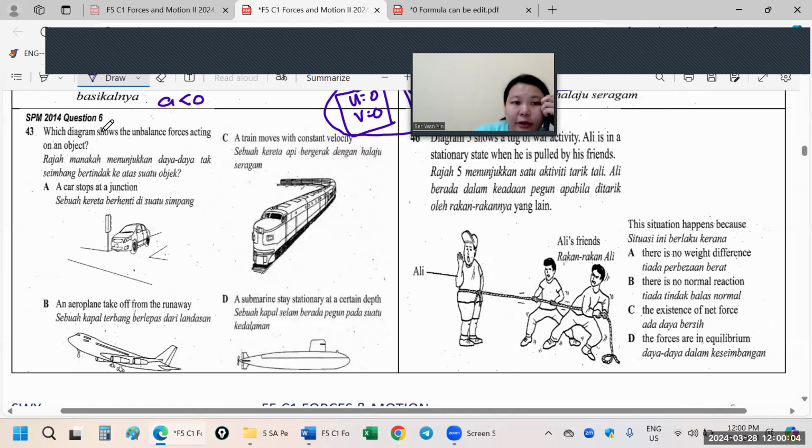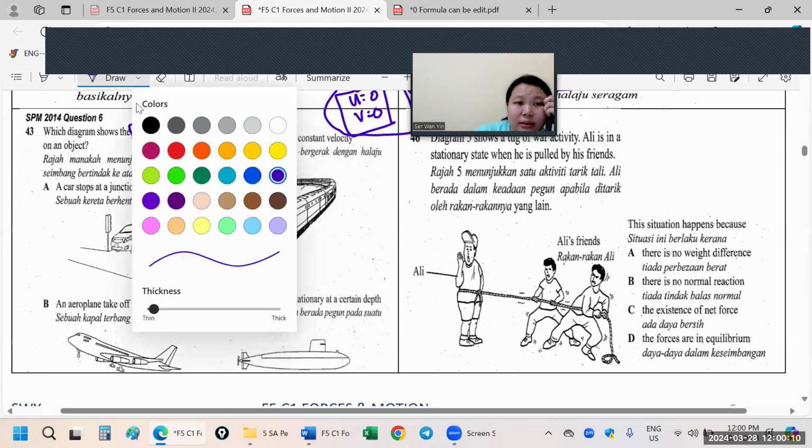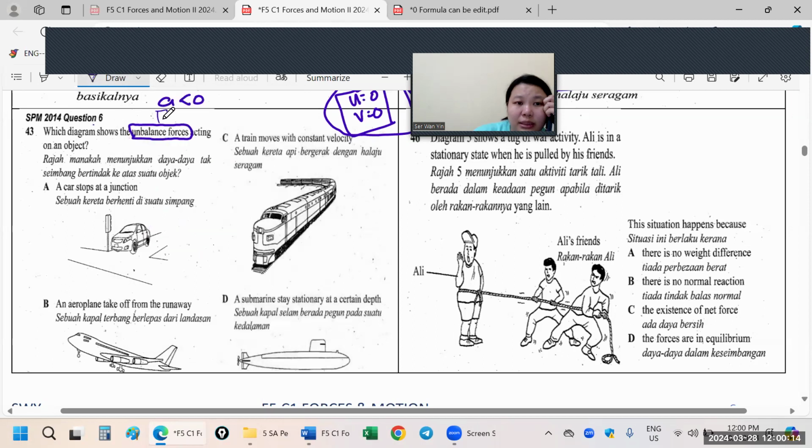Okay, now which diagram shows unbalanced force? So translate. Unbalanced force means net force is not 0. Means you got acceleration.